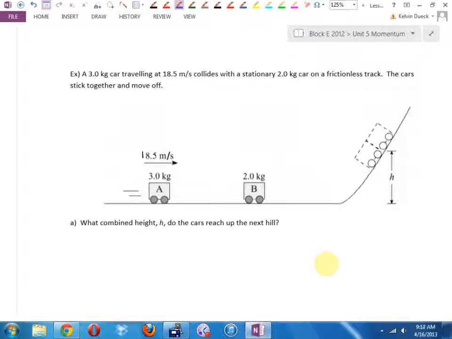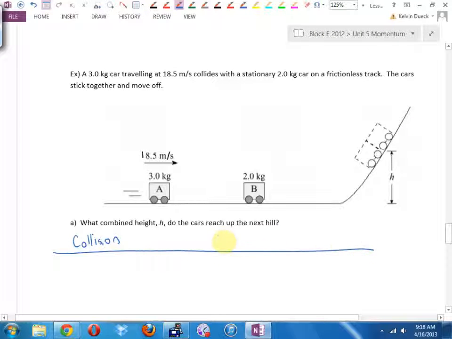Is there a collision? This is a job for momentum. Is there a change in height? This is a job for conservation of energy. Which happens first, the change in height or the collision? So let's do collision, then let's do change in height.